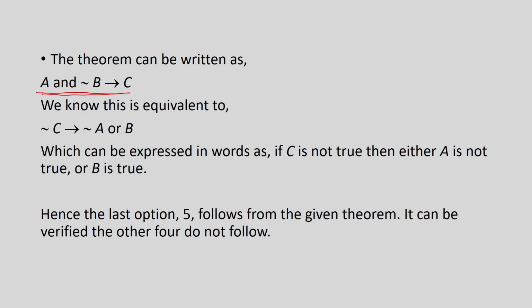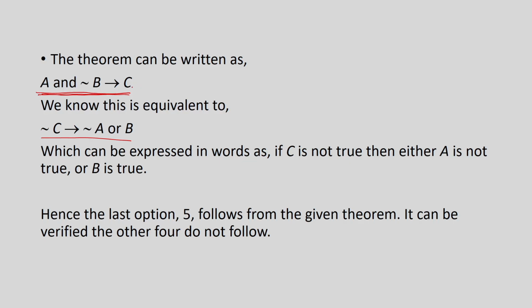Now, as we know, this sort of statement is equivalent to this statement: not C implies not A or B. So, try to understand how we are doing it. We are flipping it around.